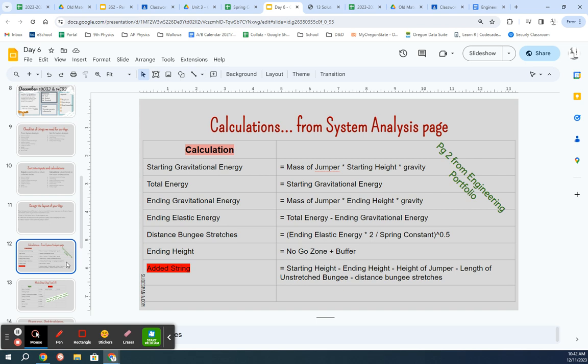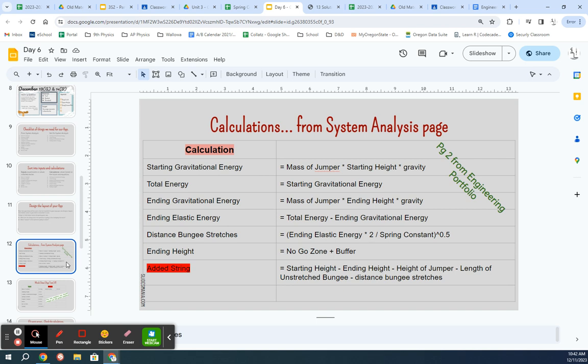That is the total starting energy, and the total energy at the end. That never changes. The ending gravitational is mass times ending height times gravity, again based on where we want them to end, where we want them to stop.